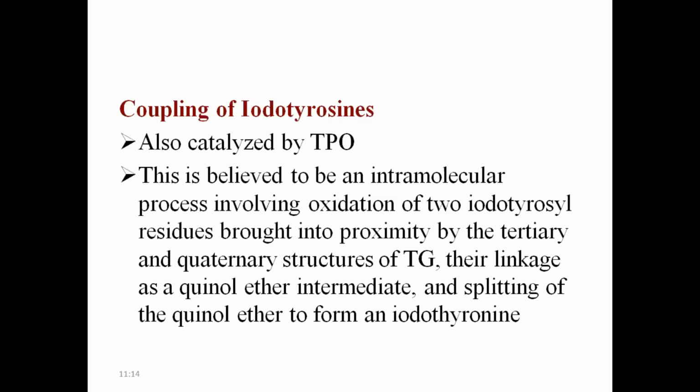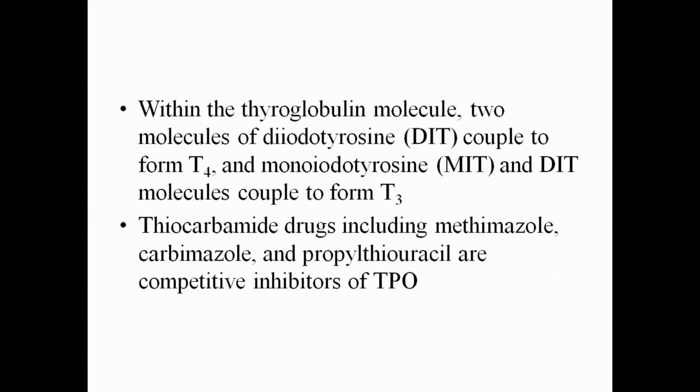This is believed to be an intramolecular process involving oxidation of two iodotyrosine residues brought into proximity by the tertiary and quaternary structures of thyroglobulin, their linkage as a quinol ether intermediate, and splitting of the quinol ether to form an iodothyronine. You can see this in the figure also.